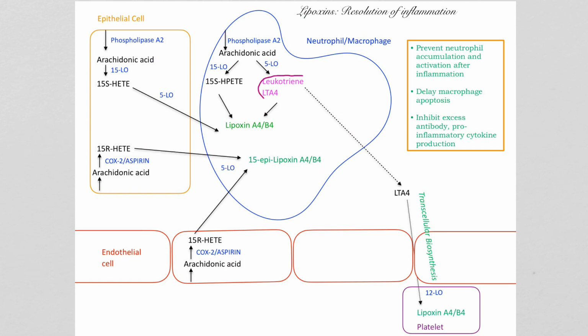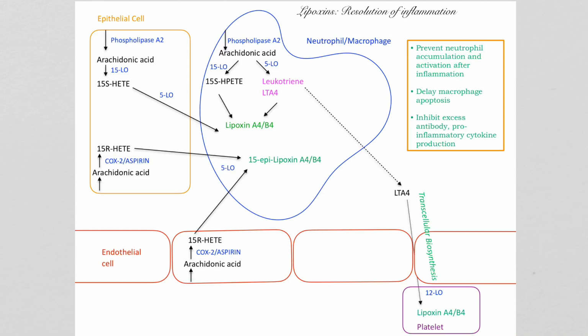Lipoxins can also be made from leukotrienes. So 5-LO makes the leukotriene, and then this leukotriene can be converted into lipoxins. And as the inflammation is slowing down, the problem has been resolved, the bacteria have been killed, these leukotrienes can be taken up by other cells such as platelets, and platelets have their own LO enzymes that can convert these leukotrienes into lipoxins.